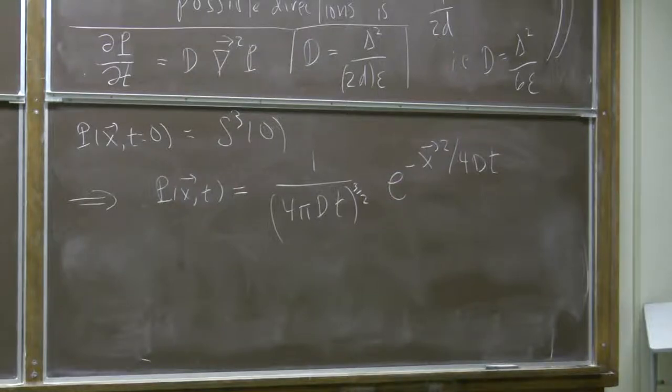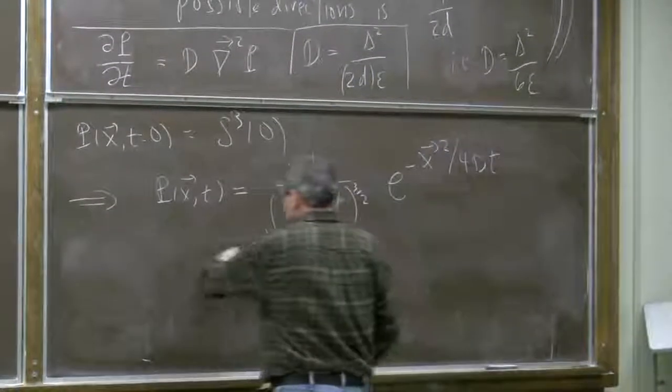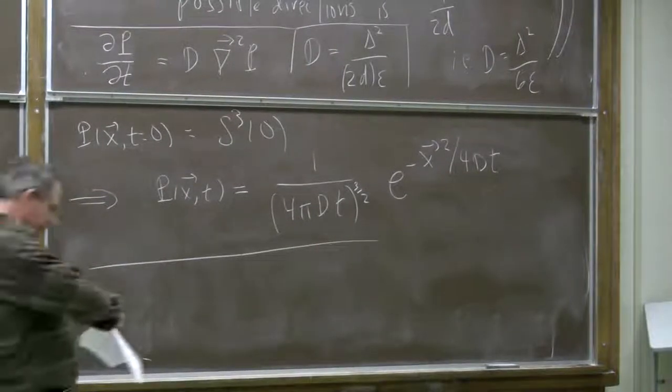So Einstein did another great thing in this 1905 paper, which was his third best paper here. And that was he derived the so-called Einstein relation.